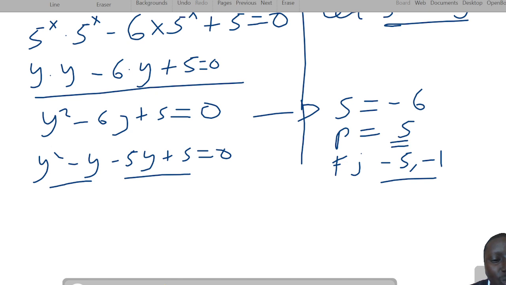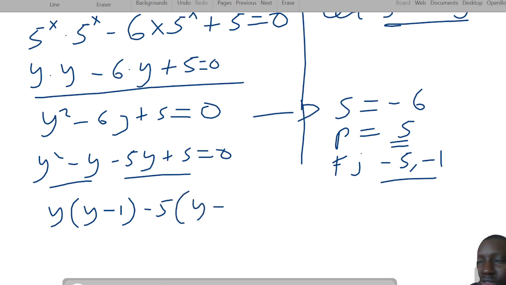So I should be able to pull out y, and if I pull out y, I remain with y minus 1. Then what is common between 5y and 5 is 5. So I pull out 5, I remain with y, then after introducing a bracket, the sign has to change. So that should be negative 1, and all this gives us 0.